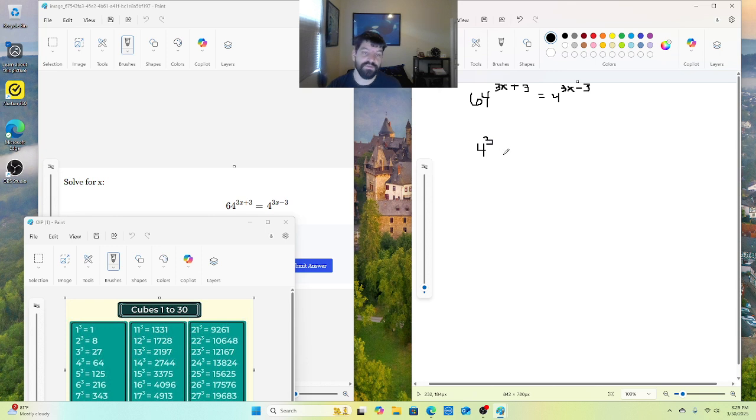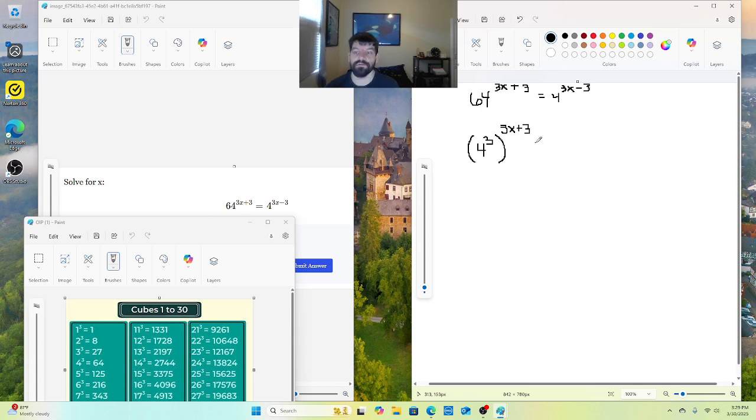Now, because I'm doing that, I'm going to be representing a power and taking it to a power. So this is going to lead us to a situation where we're going to have to use the power to power rule, which means that if an exponent is being taken to another exponent, I'm going to have to multiply them.